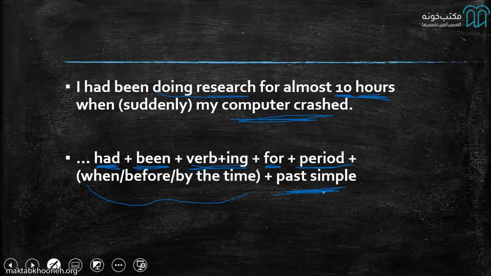So you were doing something for a certain amount of time, and then something happened to stop you. Basically, you put all that information together and you have a sentence like this. I had been doing something for a period of time when something happened that stopped me. That's pretty much the whole grammar, right?